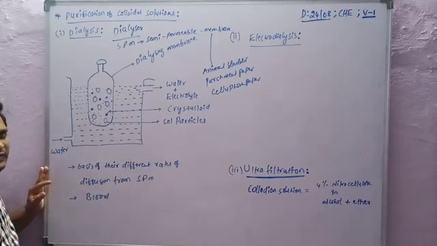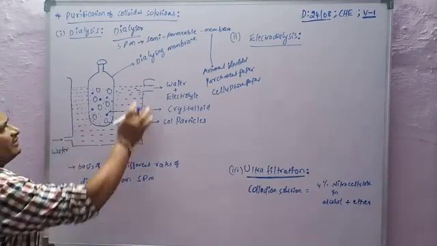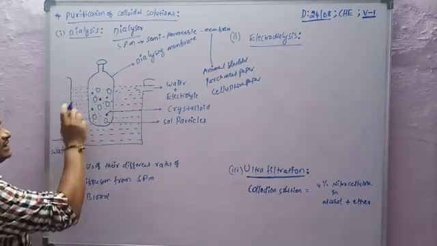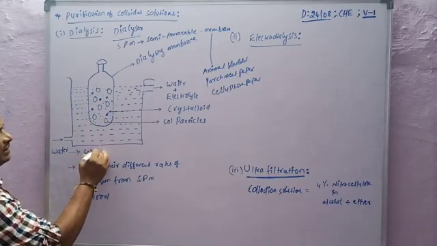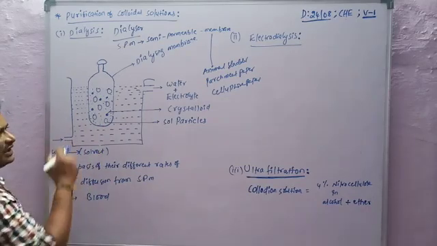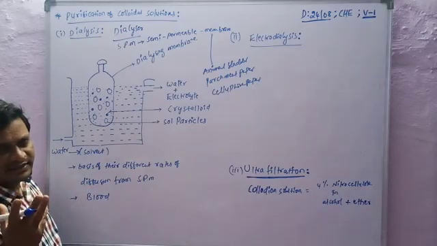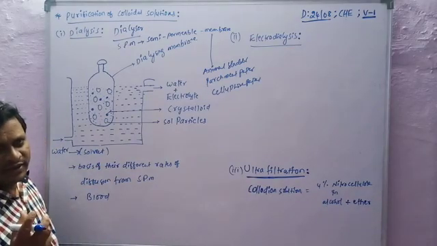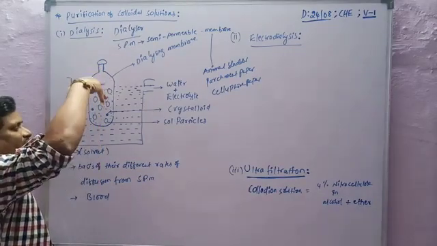Now it is explained with a suitable experiment. First of all, let us consider a vessel. Water is taken in this vessel. Water acts as a solvent; water is a universal solvent. Another device, or a bottle, is suspended in the water.